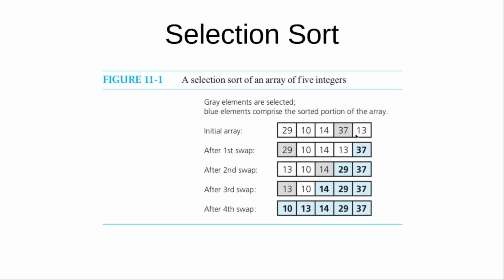So the 13 and 37 swap. And now we get the second largest element in the array, which is 29. And whatever is in the second to last position will now be swapped with that second largest number, and so on and so forth. And it continues until the array is completely sorted.